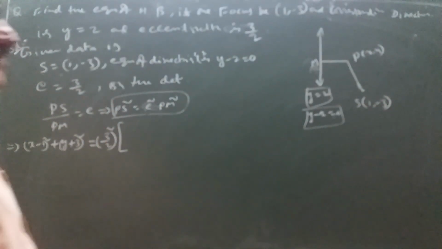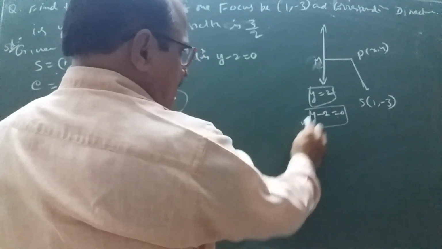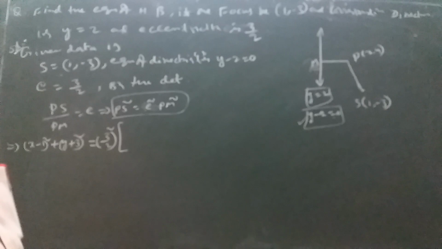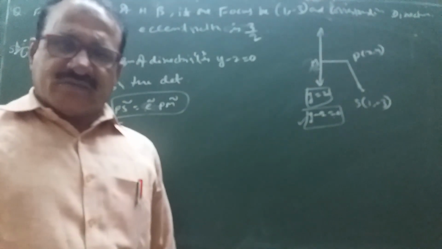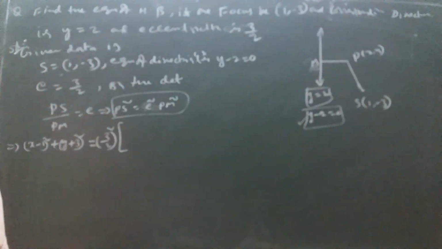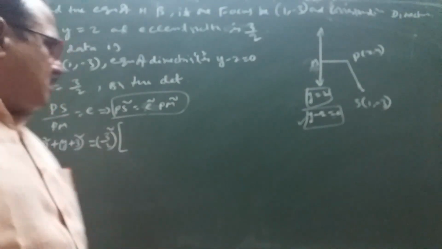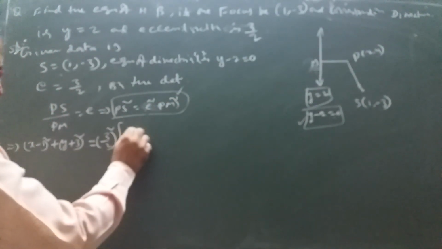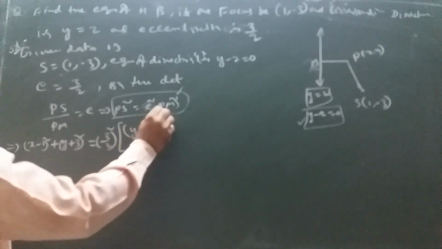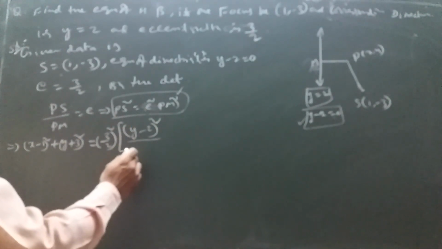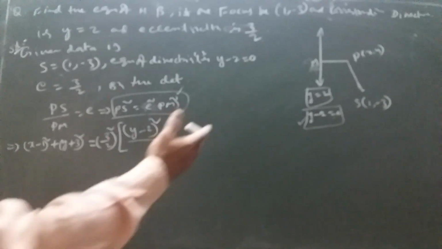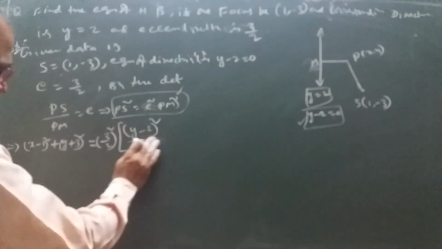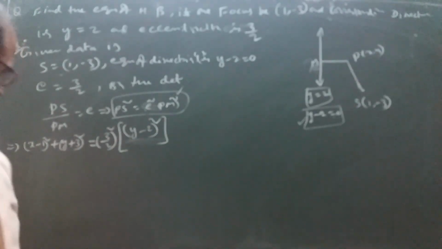The perpendicular distance from P to the straight line y minus 2 is mod of, but there is no need to use mod because we are squaring on both sides. So PM square is (y minus 2) whole square by root of coefficient of x square plus coefficient of y square. There is no x square term, so 0 square plus 1 square is nothing but 1. There is no need to write.